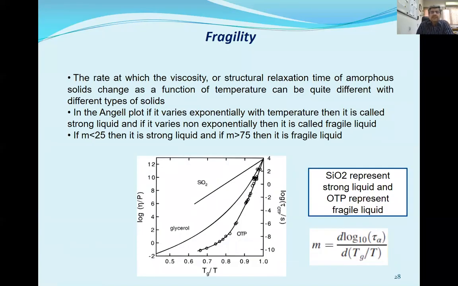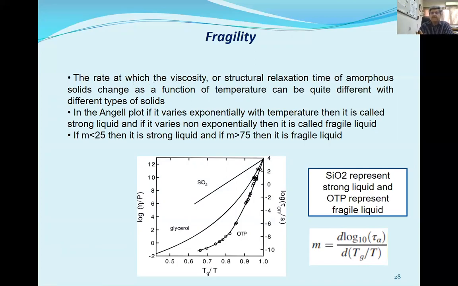The next aspect that is related to the stability of the glass is its fragility. The rate at which the viscosity or the structural relaxation time of amorphous solids changes as a function of temperature can be quite different with different types of solids. So the glasses or amorphous samples of different materials will behave very differently in terms of the rate at which their viscosity changes as a function of temperature.